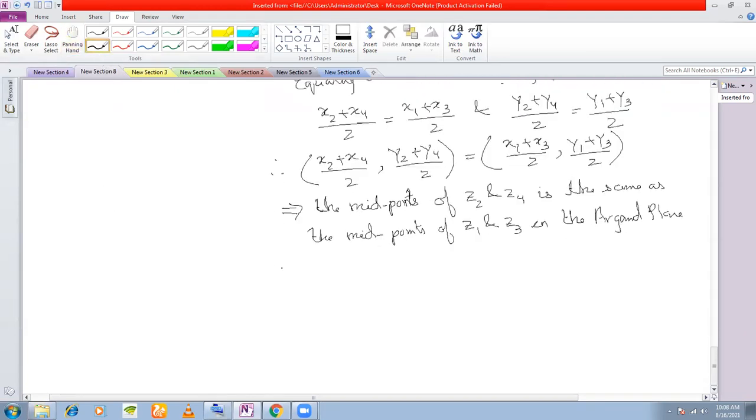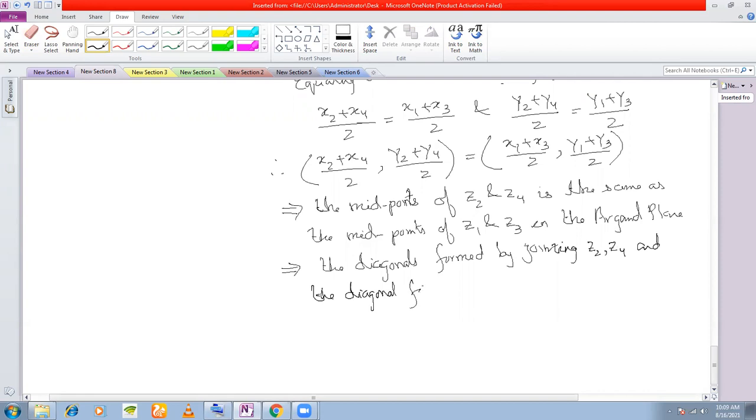That means the diagonal formed by joining Z2, Z4 and the diagonal formed by joining Z1, Z3 bisect each other.